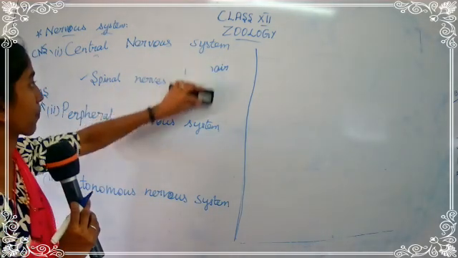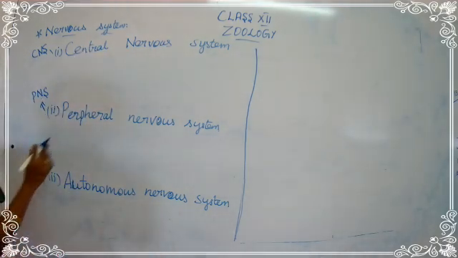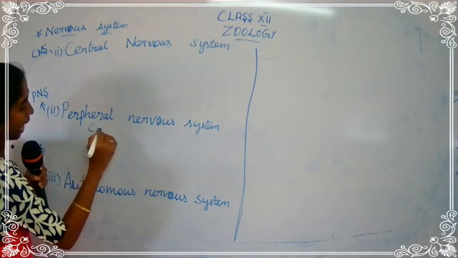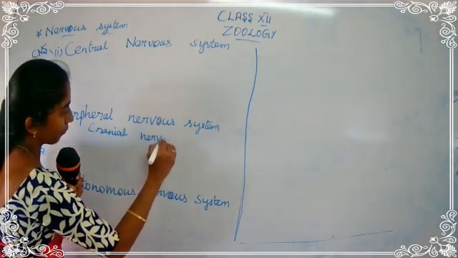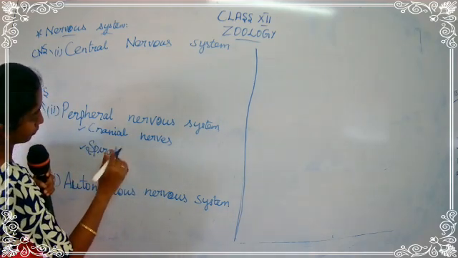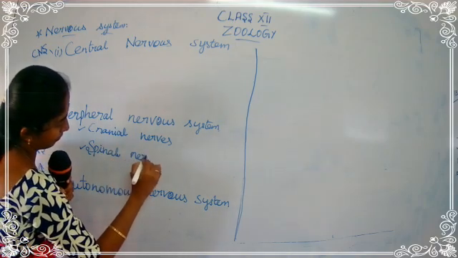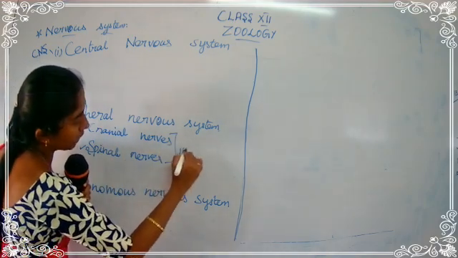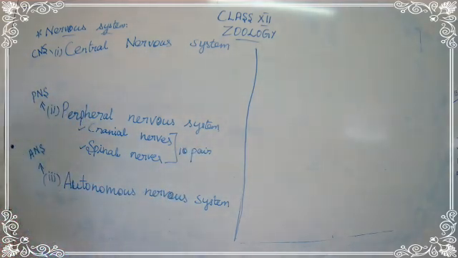Listen to me. The peripheral nervous system only consists of cranial nerves and spinal nerves. Both are 10 pairs. Okay, are you clear? So, then the next one is the autonomic nervous system.